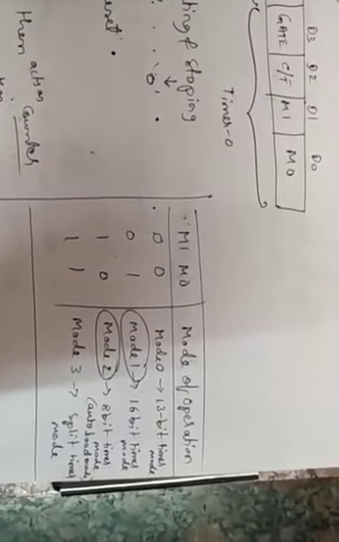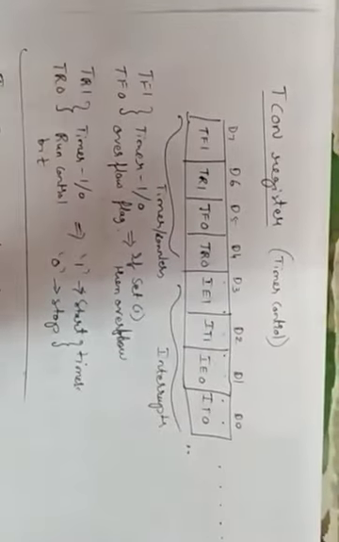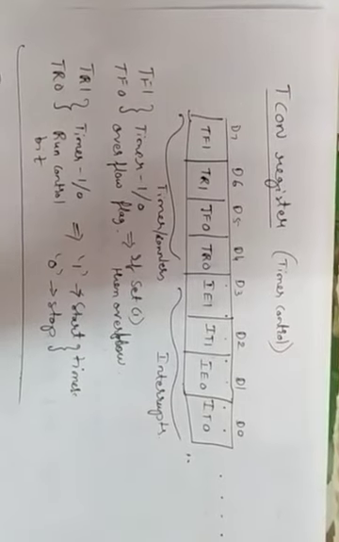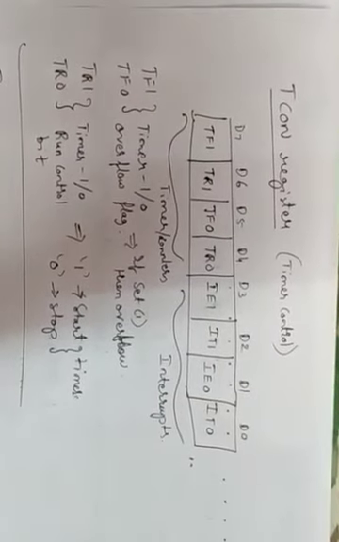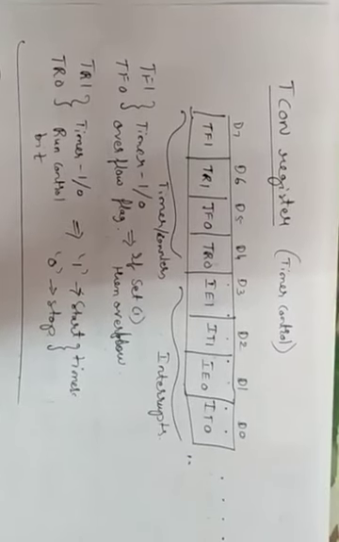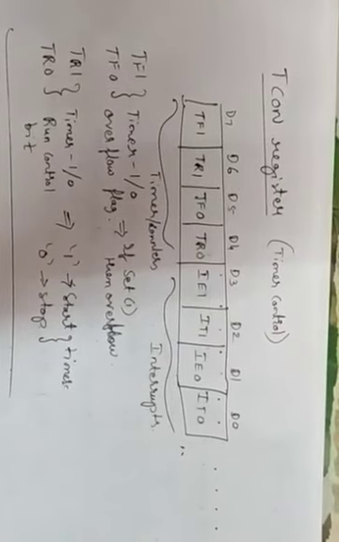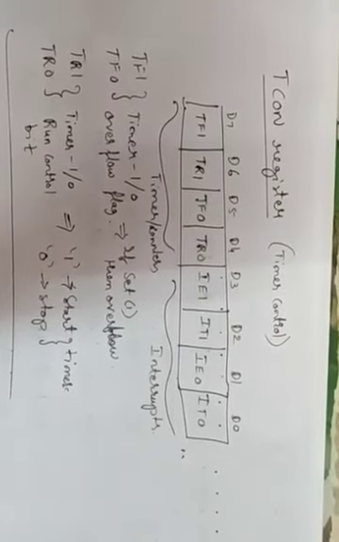Now let us see the internal structure of the TCON register. The internal structure of the TCON register, or the timer control register, is also an 8-bit register: D7, D6, D5, D4, D3, D2, D1, D0. D7 to D4 are dedicated to timers or counters.